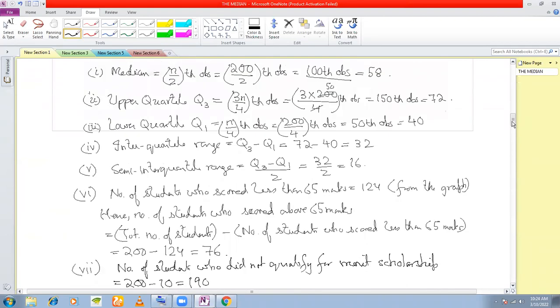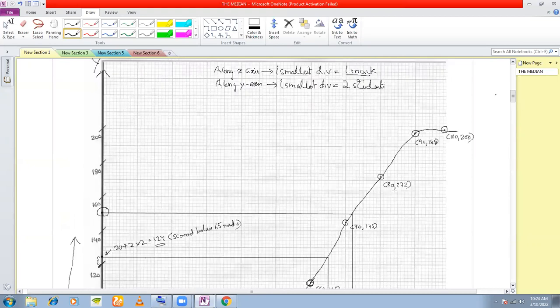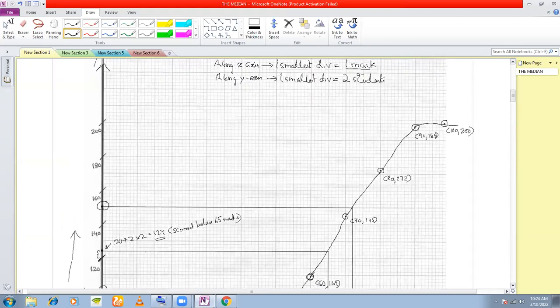Now, because 190 students did not qualify, you are going to locate 190 in the y-axis, because we are talking about the number of students. This point is your 190, right? Now from 190, you are going to draw a straight line intersecting the graph, because you need to find out the marks, right?